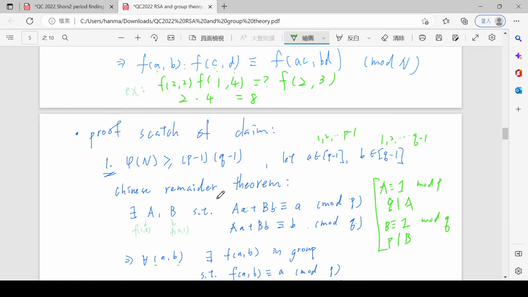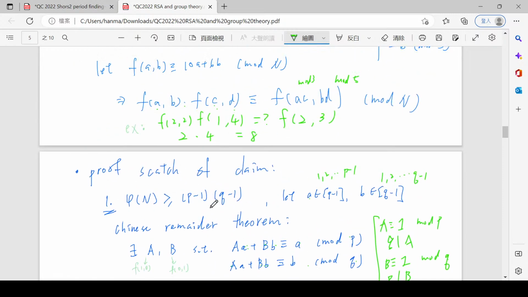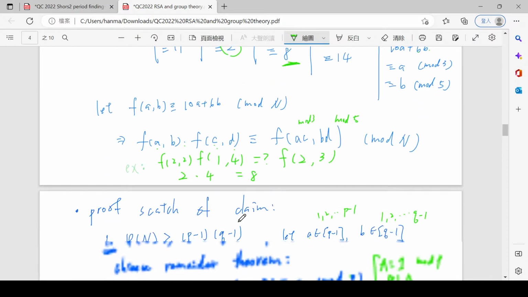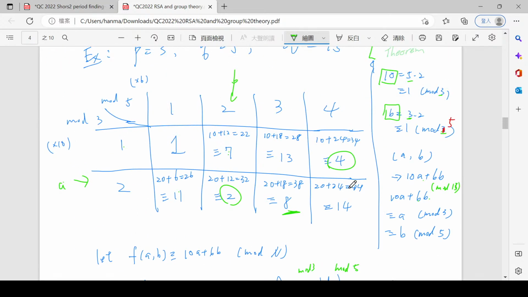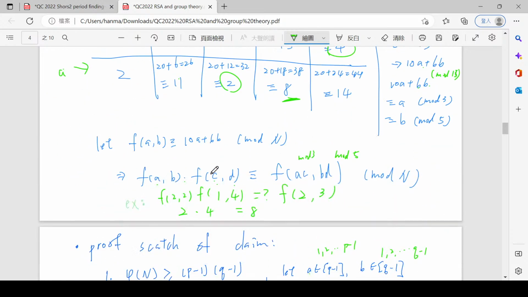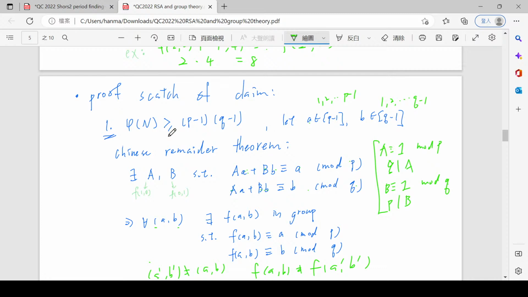So anyway, let's go back. So we proved that psi n is at least P minus 1 times Q minus 1, because we can construct this P minus 1 times Q minus 1 table, and we found out for every slot you can find the corresponding element in psi n.